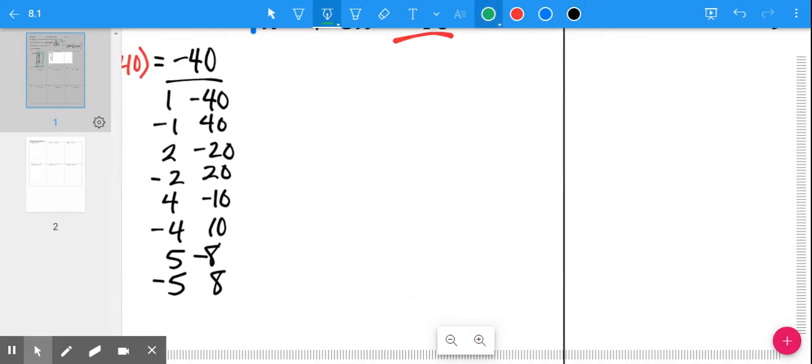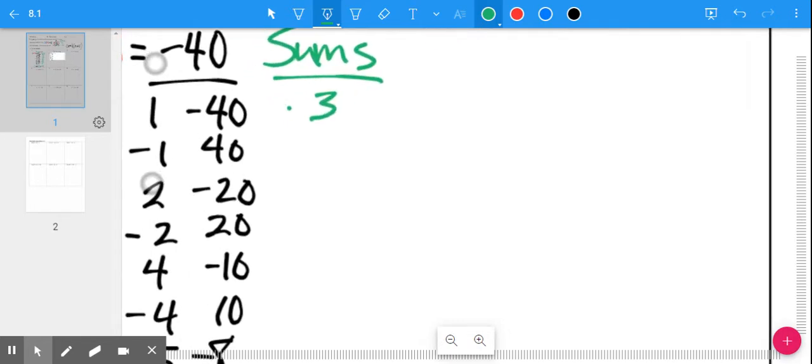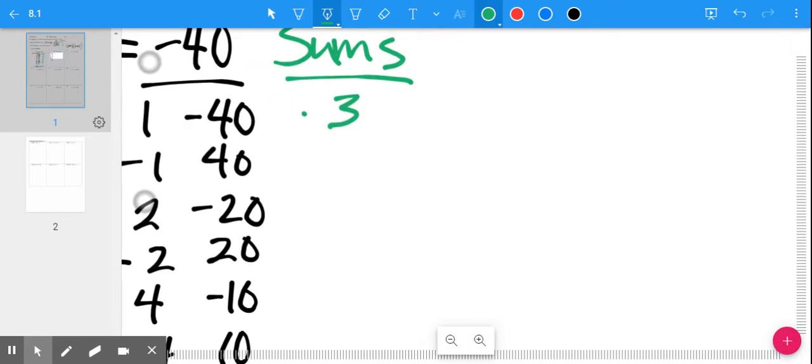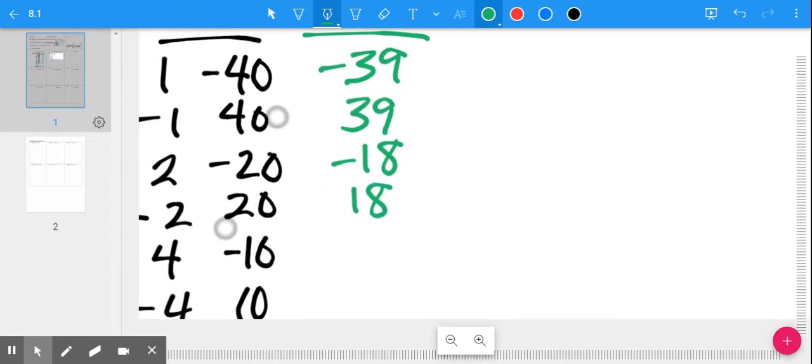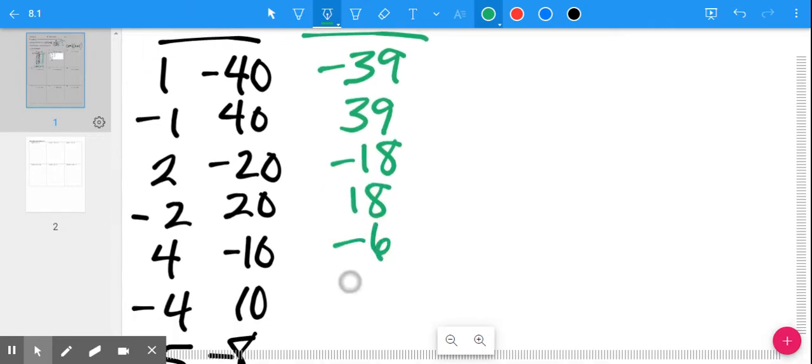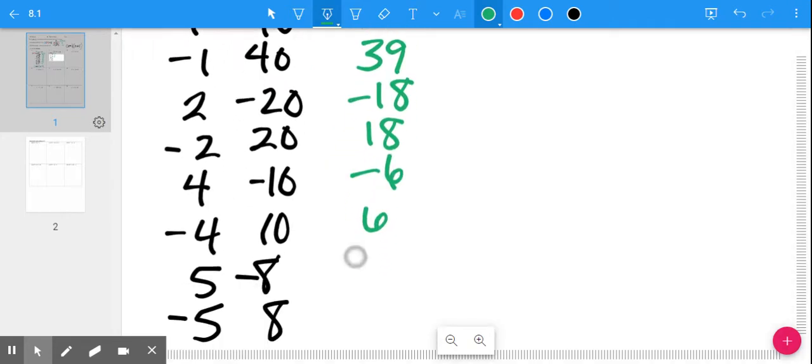So now we find the sums of our factors. So this makes negative 39, positive 39, negative 18, positive 18, negative 6, positive 6, negative 3, and positive 3.